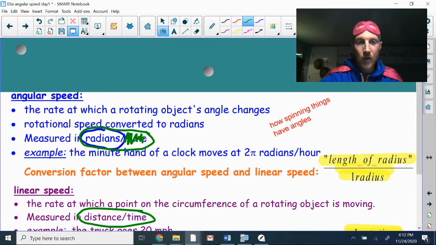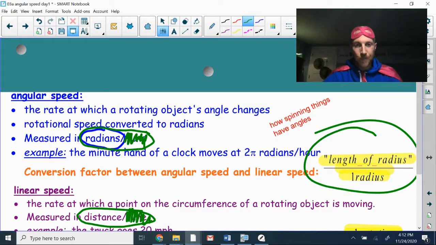Get rid of the time. We can convert from a linear distance to an angular distance using this same conversion factor. Whether we're going from speed to speed or distance to distance, the conversion is the same to get from angular to linear. So our conversion factor is the length of the radius: an actual number and the word radius.